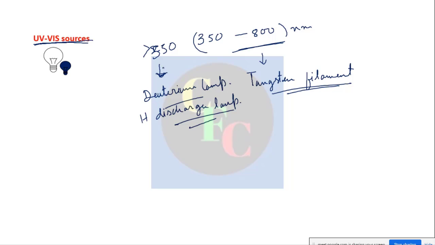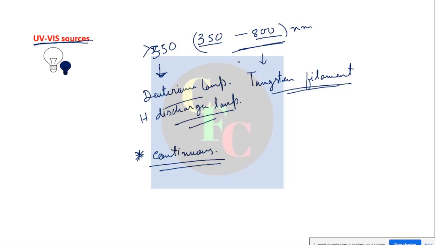And more importantly, what will be the characteristics of the source? The first characteristic is that it should be continuous. Why? This tungsten filament should emit all the wavelengths possible from 350 to 800 nanometer. It should not be the case that it is not giving you, say, 503 nanometer.